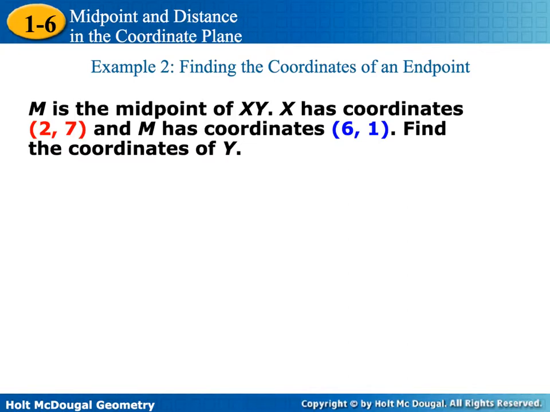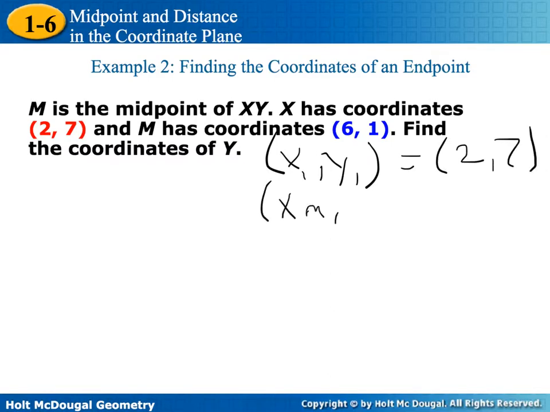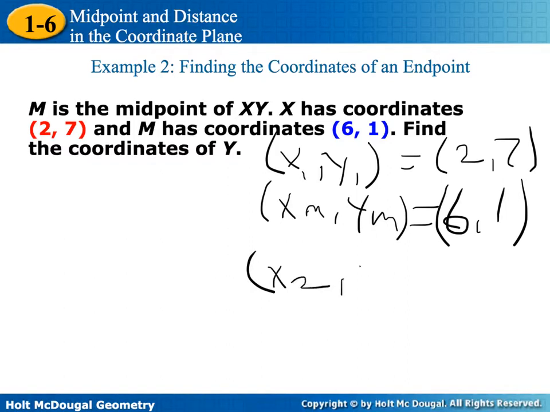So x1, y1 is going to be 2, 7. Our xm, ym, which stands for midpoint, is 6, 1. Now our x2, y2 is what we're figuring out.